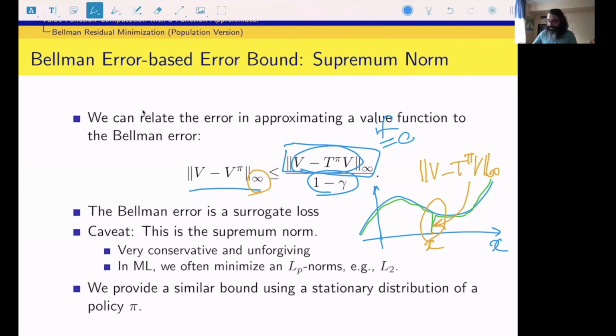The other thing is that in machine learning, we often minimize something like the L2 norm and not the supremum norm. Because computationally it is easier in many cases, but also because when we have data points, we often cannot guarantee that our function would be accurate at every point. We can only say that on average, in expectation, our function is accurate.